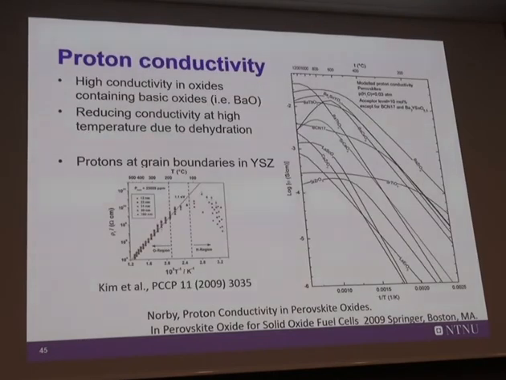And there is an own field in the SOFC community where you're trying to develop fuel cells based on proton conducting electrolytes. And this is the state-of-the-art proton conductivity as a function of reciprocal temperature for different electrolytes.